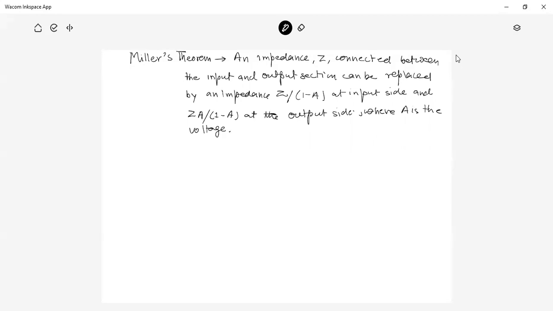Now, the proof. For the proof, let this be the impedance Z connected at terminals 1 and 2, with V input as the input terminal and V output as the output terminal.